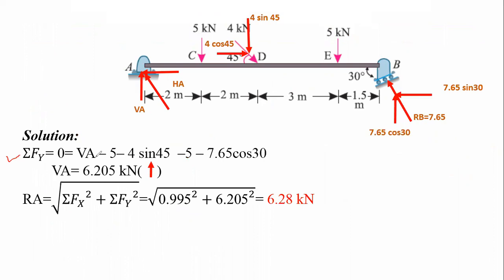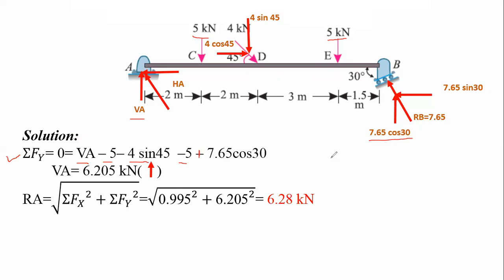Here VA is going vertically upward, that's why positive. This 5 kilonewton force is going downward, that's why minus 5. This resolved component is going downward, that's why minus 4 sin 45. This 5 kilonewton force is going downward, that's why minus 5. And the resolved component of reaction RB is going vertically upward, so it should be plus, 7.65 cos 30.